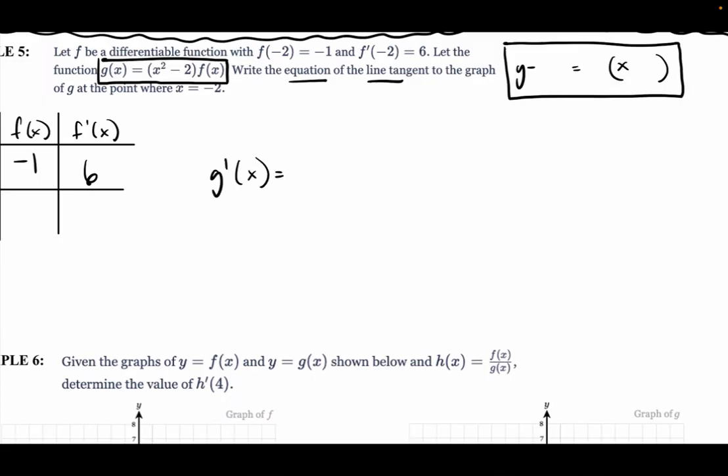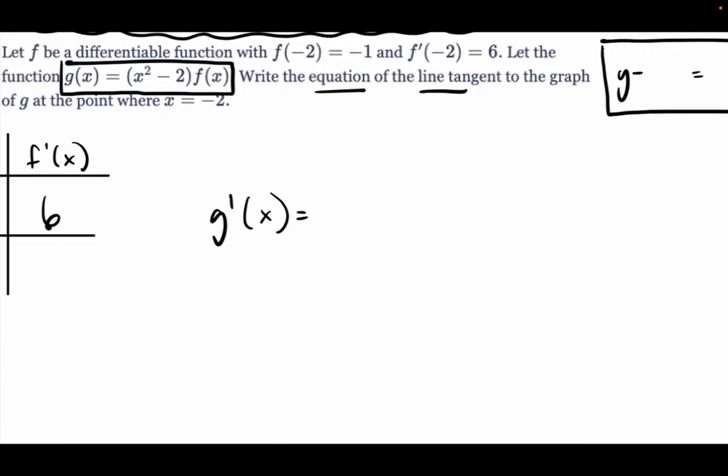Okay. What am I going to use to find the derivative? Which rule am I going to use? The quotient rule? Not the quotient rule, the product rule, because it's multiplication. So the product rule says the first one, x squared minus 2, times the derivative of the second.